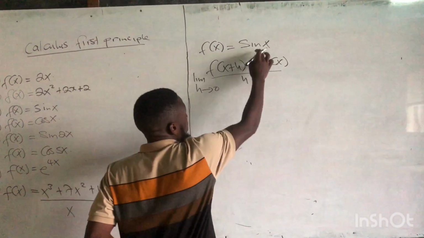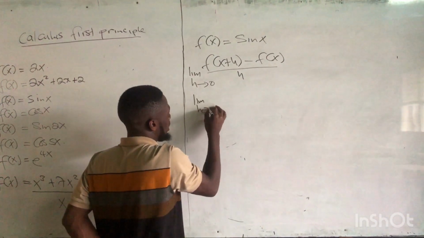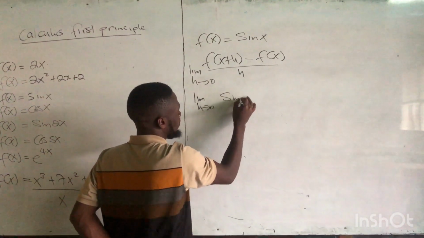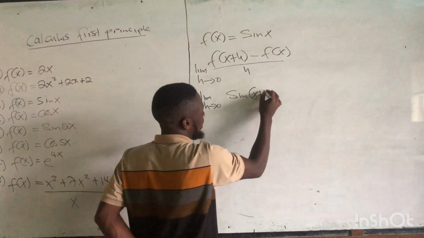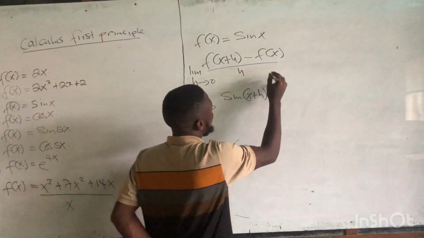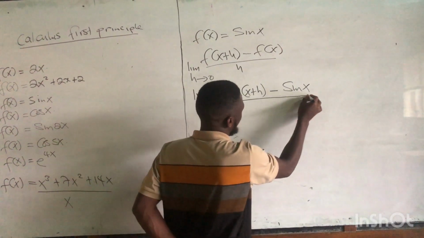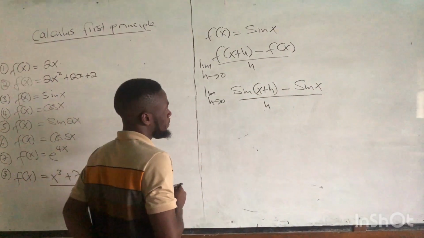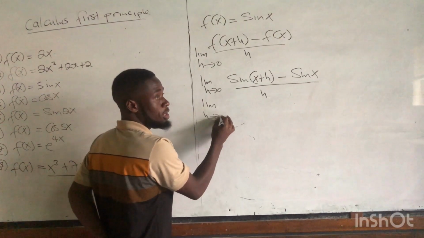So let's replace x with x plus h. We have limit as h is approaching 0 of sine of x plus h, minus the original equation, sine x, over h. Again, limit as h is approaching 0.